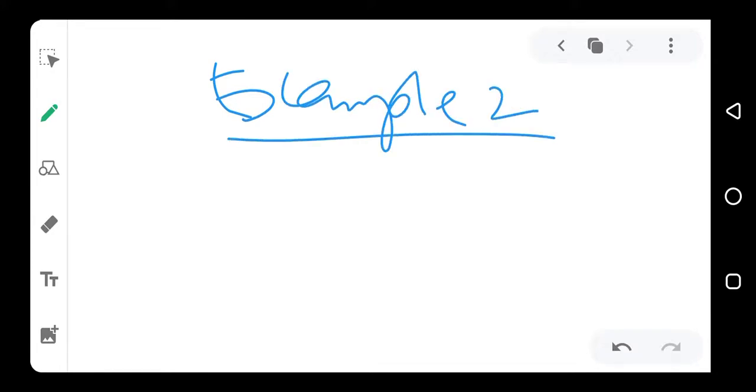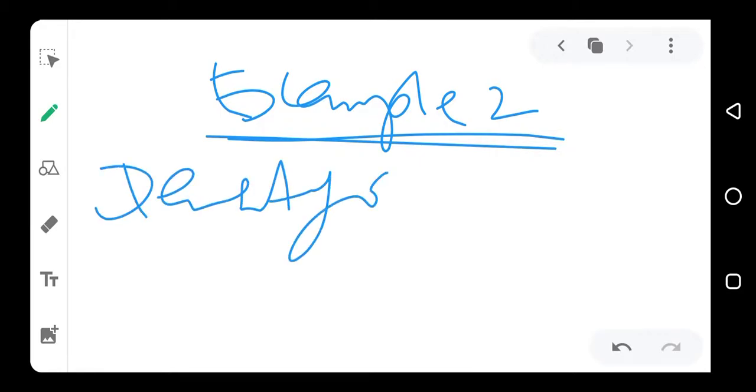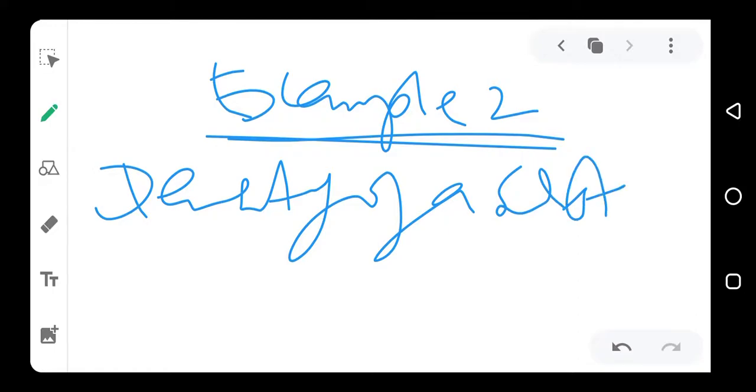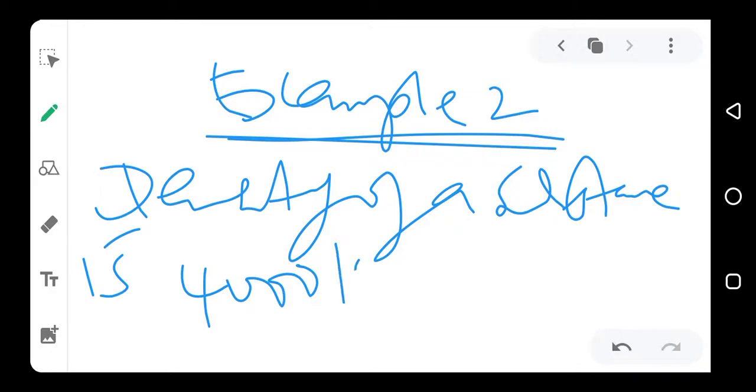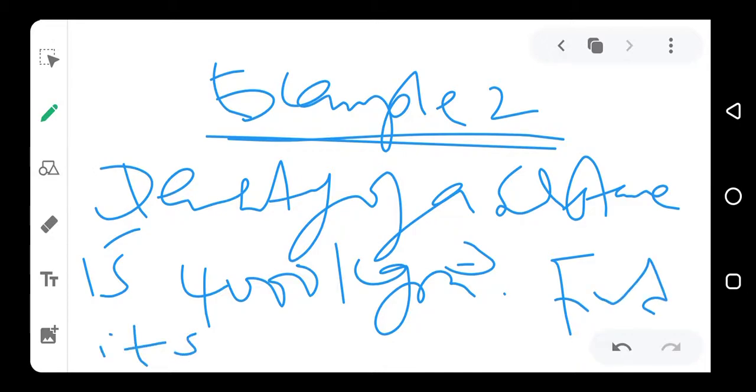Example 2. What if we are told that the density of a substance is 4000 kilogram per meter cube? Find its relative density. We are not given the density of water.